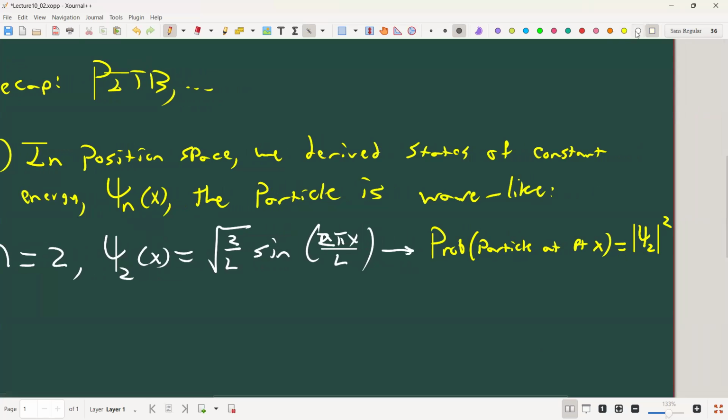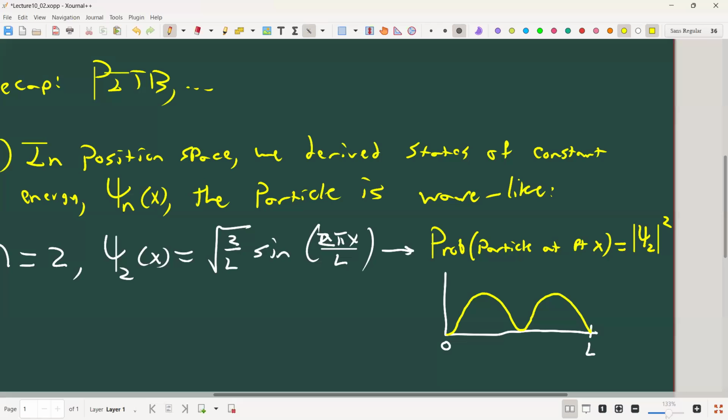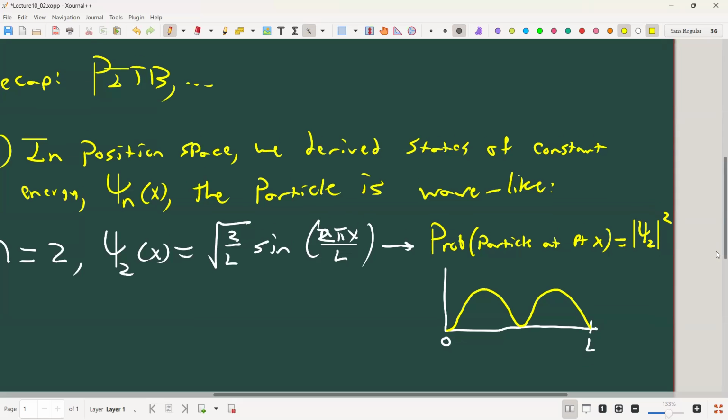And then we draw that in our box between 0 and L. Right, our wave function looks like a wave with one period. And this again is very different from what we would expect for a normal billiard ball bouncing with some energy between the walls.